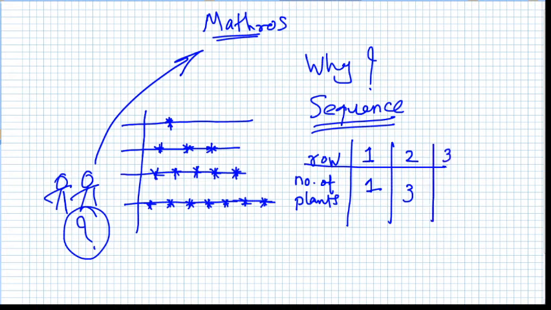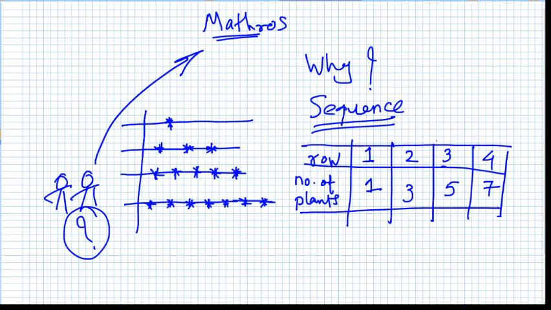Third row, five plants. Fourth row, seven plants. This is what the students drew. They gave this information to Mathros. Mathros was pleased. Yes, you are correct.